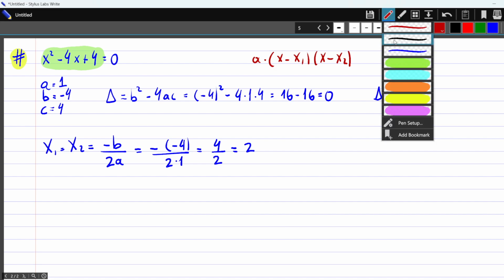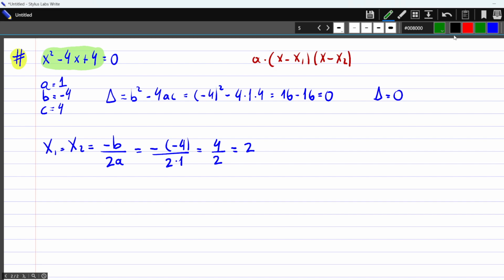Very easy. It will be a, which is 1, times x minus, what is x1? x1 is 2, times x minus x2, what is x2?